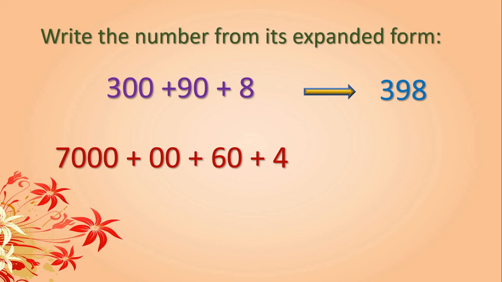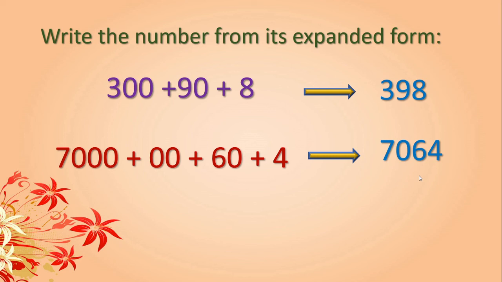Means here in hundreds place 0 should be there. Right? Means we can write 7 0 6 4. Isn't it? Our answer is 7064. Correct? Here 0 should be there in hundreds place. Don't directly write 7 and 64. Then it will become 764. That becomes wrong one.